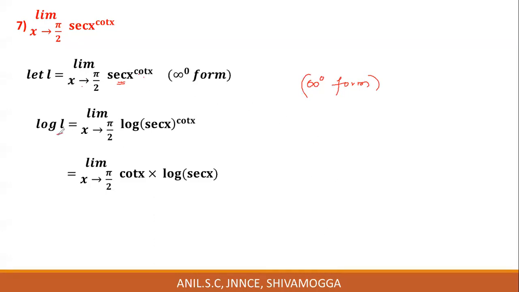Take log on both sides. Log L is equal to limit x tends to pi by 2, log secant x power cot x. How do you write this? Log secant x whole power cot x. Now this takes log m power n form. This can be written as cot x into log secant x.